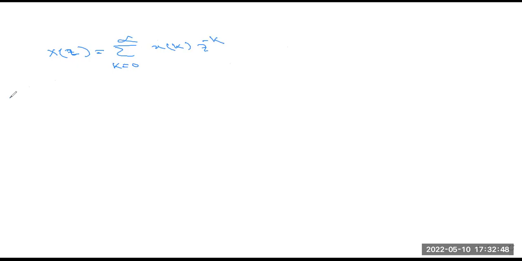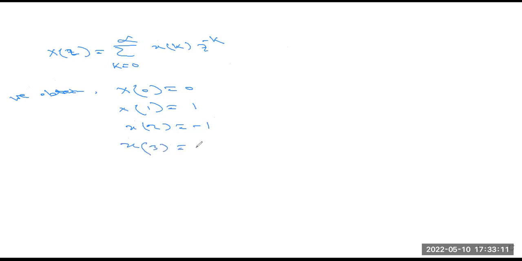Okay, so we obtain from these equations for the different values: x(0) equals 0, then x(1) equals 1, x(2) equals minus 1, and so on. This process is continuing.